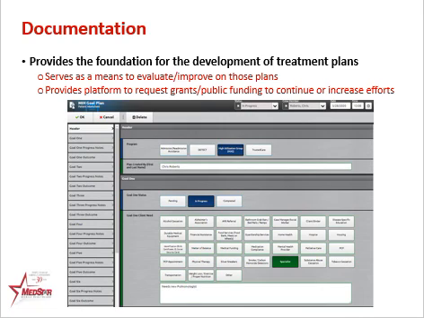In regard to documentation, it provides the foundation for the development of treatment plans, and it serves as a means to evaluate and improve upon those plans. So what I put up here on this slide is an example of our documentation as it relates to identifying social determinants of health. And this is in our MIH goal plan.